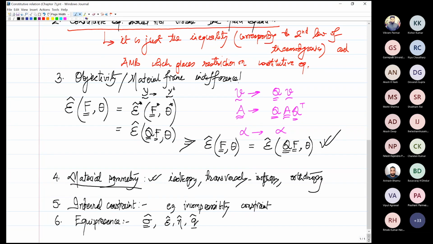Similarly, if we say that sigma hat depends on F dot, then to begin with, we'll say that all of them also depend on F dot. So that's the meaning of equipresence. Dependence on a particular variable must be present in all the constitutive equations or all the constitutive functions.